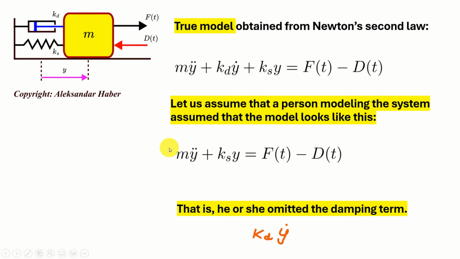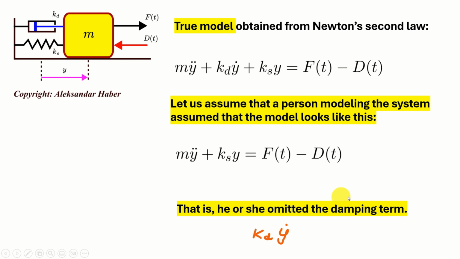And this time series will be used for validation. Then you will take this differential equation, set the same initial condition that is used in the experiment, solve this differential equation, and obtain the simulated y. Then you're going to compare the simulated y and the experimentally measured y, and you will see how far your model prediction is from the true system.